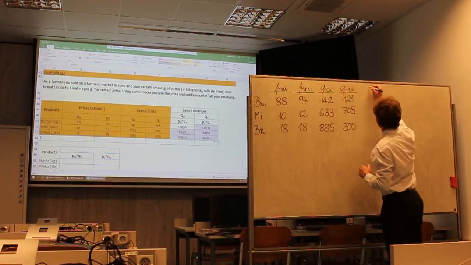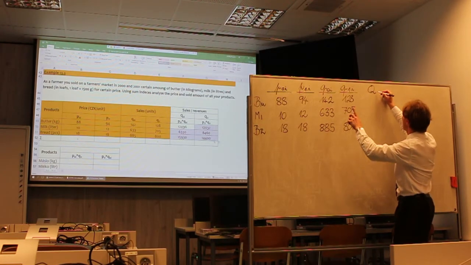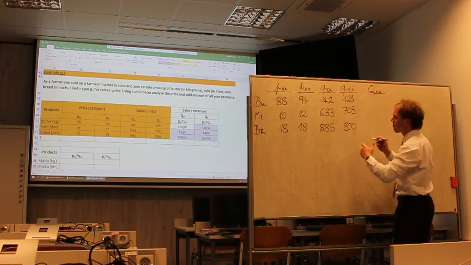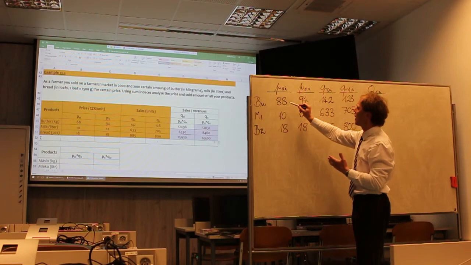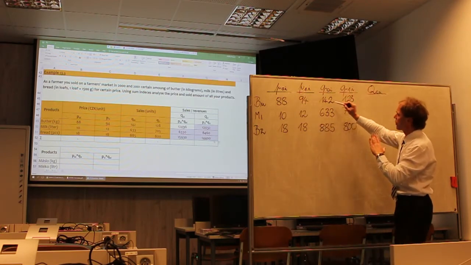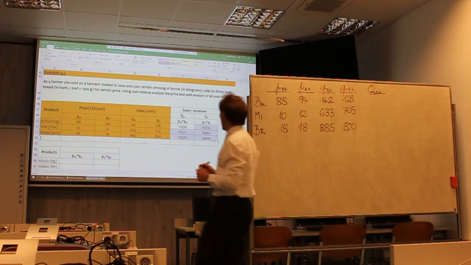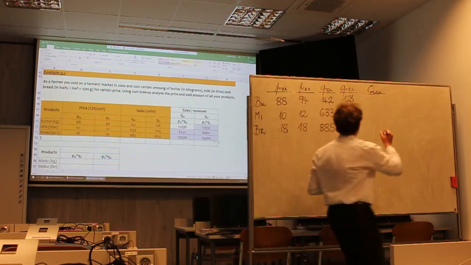So capital Q in period 0, for each product. We can calculate the multiplication 88 Czech crowns times 142 kilograms of butter. And the revenues for butter is 12,496 Czech crowns.